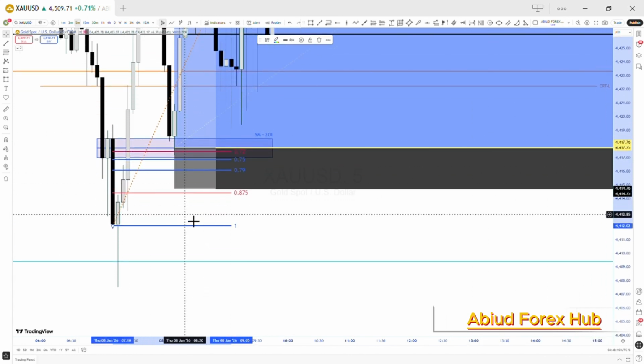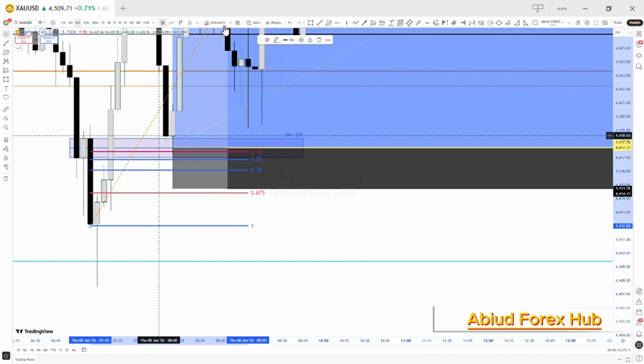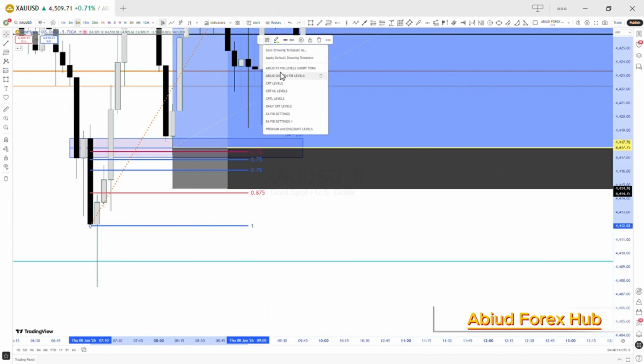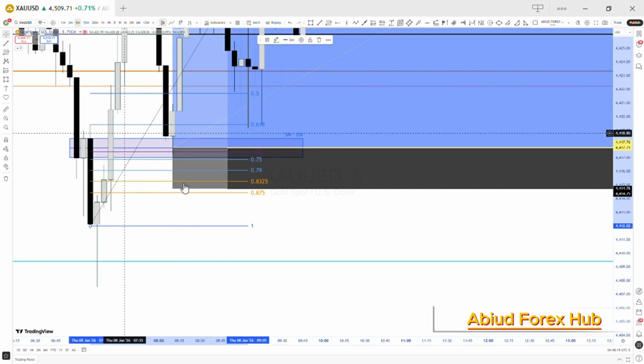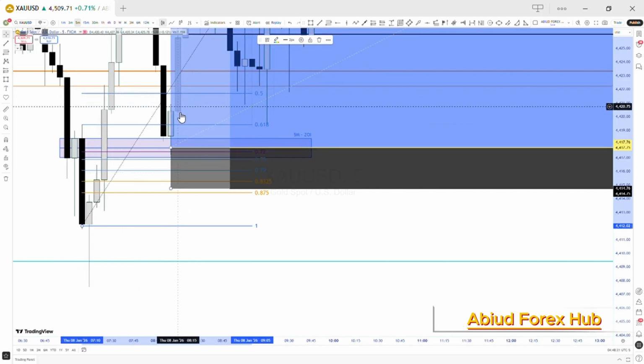Therefore, look at this, our 50 level. Let me change to the one that shows you 50 level. Our 50 level is up here. Yeah, I usually don't consider 50, I don't consider 618.